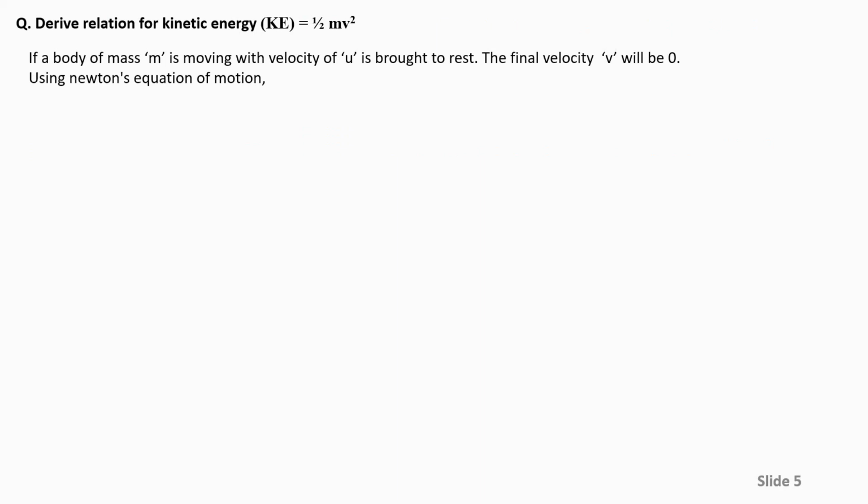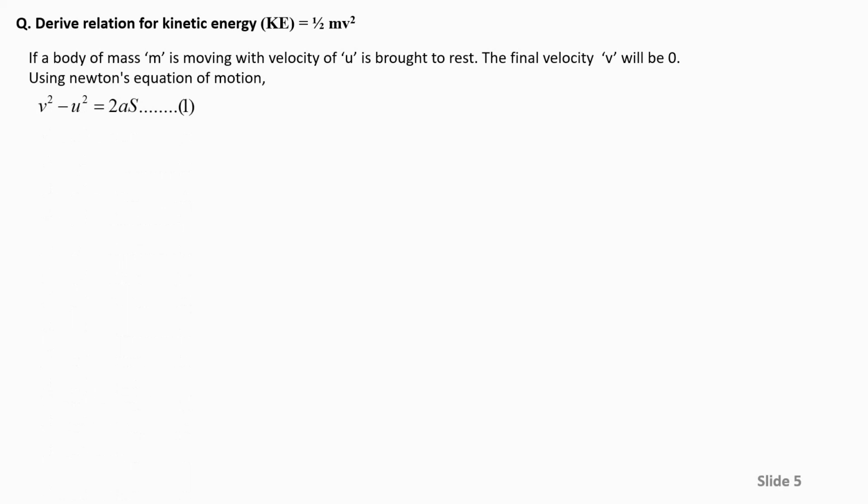If the body has mass m and is moving with a velocity of u and is brought to rest, the final velocity v will be 0. When the body starts from rest, the initial velocity is 0, and when the moving body comes to rest, obviously the final velocity will be 0.